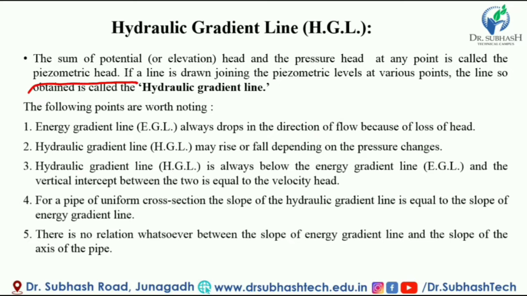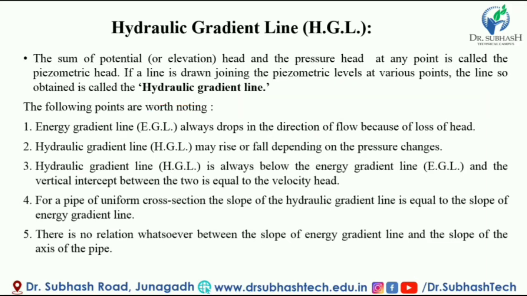It is the sum of pressure energy and potential energy. Now if a line is drawn joining the piezometric levels at various points, the line so obtained is called the hydraulic gradient line. The hydraulic gradient line is a line which passes through the piezometric levels at various points.